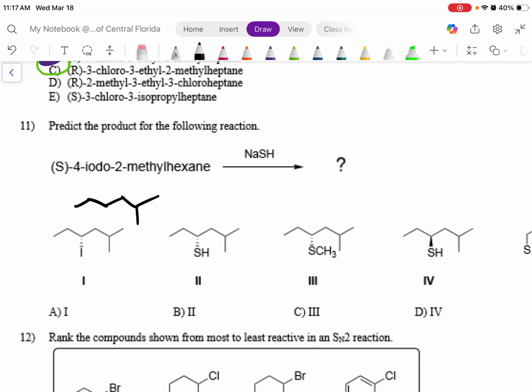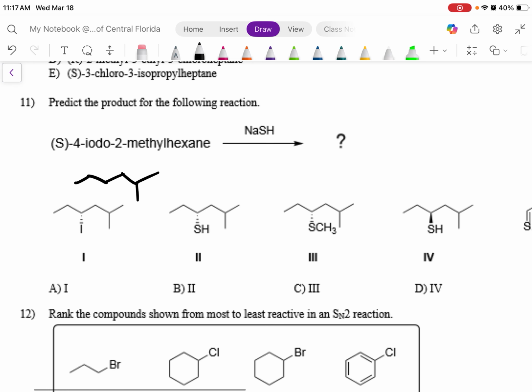Now in my molecule that I've drawn, where's the iodine going to go? That's 1, 2, 3, 4, 5, and 6. It says 4-iodo, so I would have to put that on carbon 4. And I'm going to start it off with a wedge. And the 2-methyl part is right there.